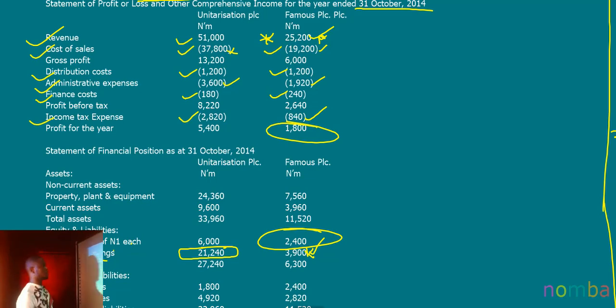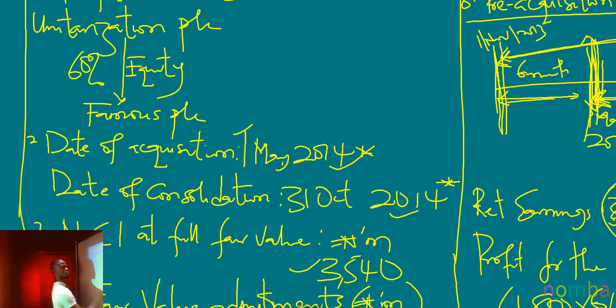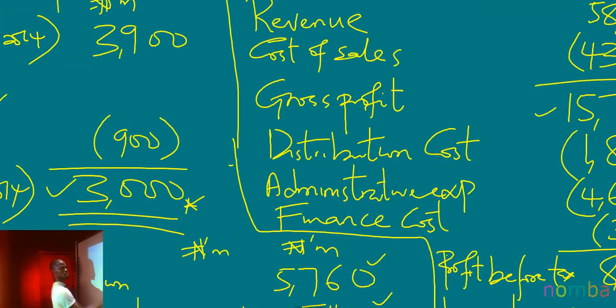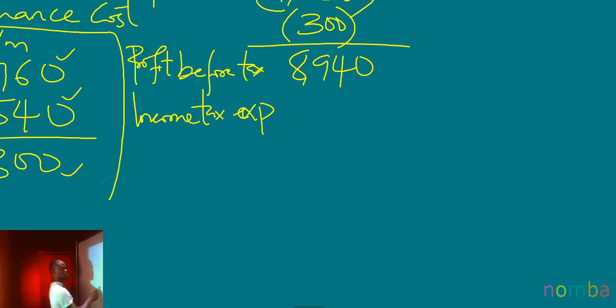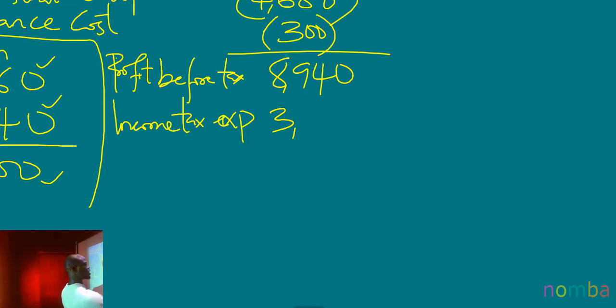And the post-acquisition amount for Famous will be 840 divided by 2. That gives me 420. Then I will add it to that of Unitarization, which is 2,820. The addition of the two gives me 3,240. So let me transfer it. So the income tax expense will be 3,240.